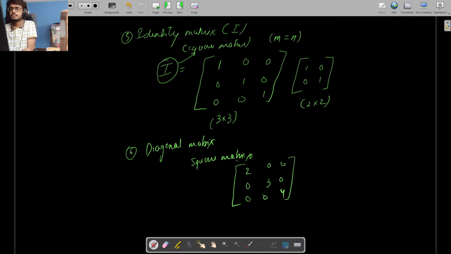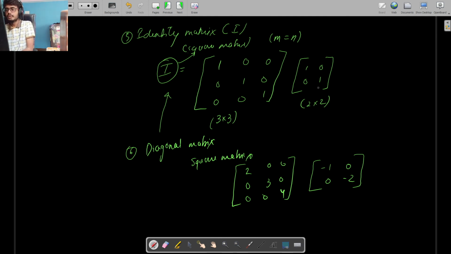The only difference between a diagonal matrix and an identity matrix is that in an identity matrix the number is always 1, but in a diagonal matrix the number may not be 1 only. It can be a number greater than 1, a number less than 1. You can have something like this, a diagonal matrix with -1, -2, and zeros. So this is also a diagonal matrix, but not an identity matrix.